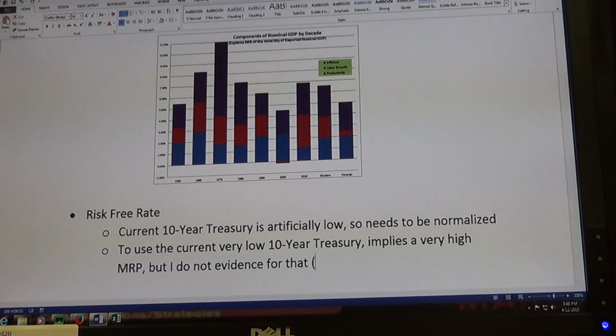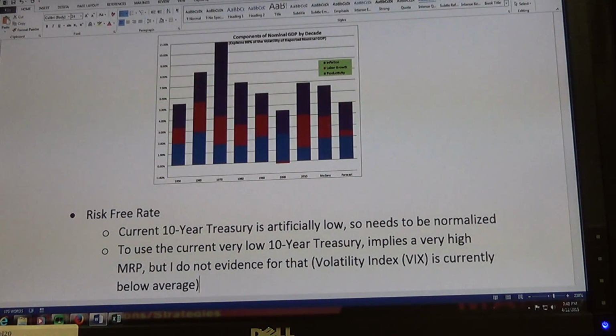For example, the volatility index, also known as the VIX, is actually currently below average, not above average. So I don't see evidence that the market is particularly worried about risk.